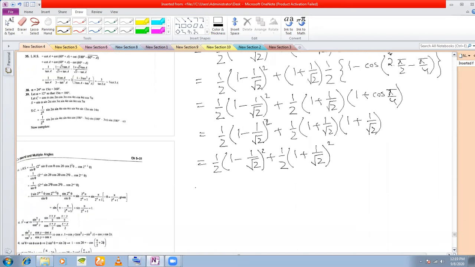So this is half of, you expand this by the a minus b whole square formula, a square plus b square minus 2ab.